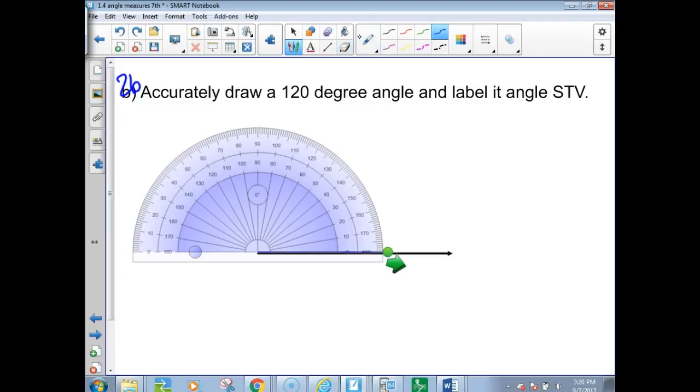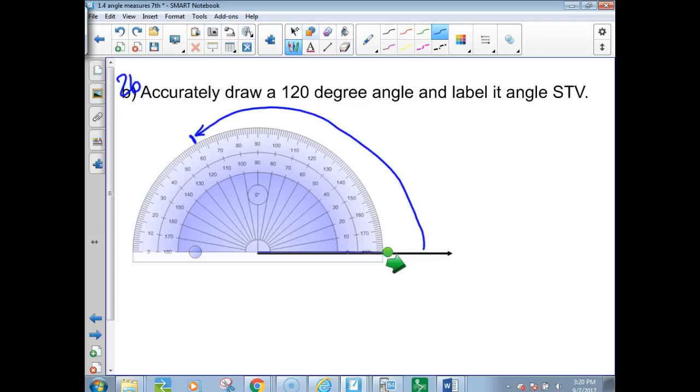You see that 60 and 120 are there? You've got to know which one of those to read. Since I'm doing a 120 and I came all the way around from 0 to here, you want to make a mark where the 60 and the 120 are. I have correctly done it because I went all the way like this.